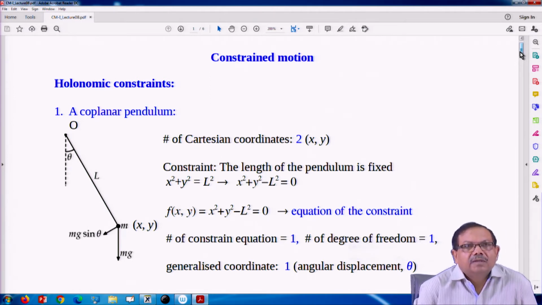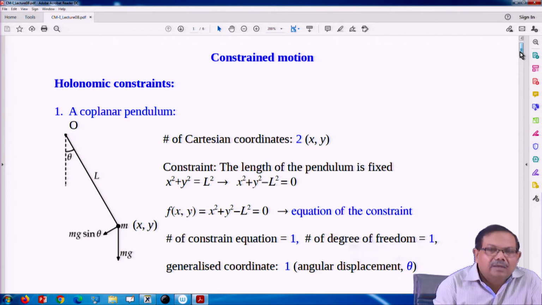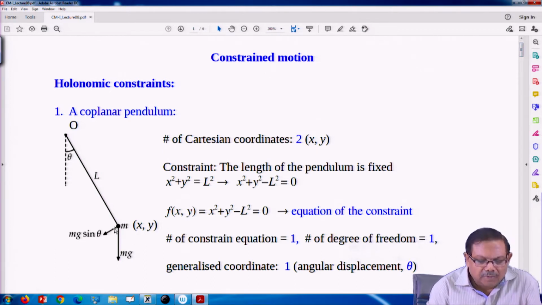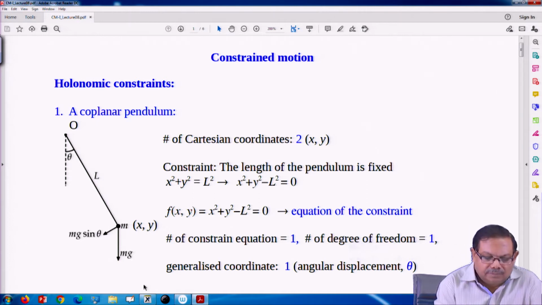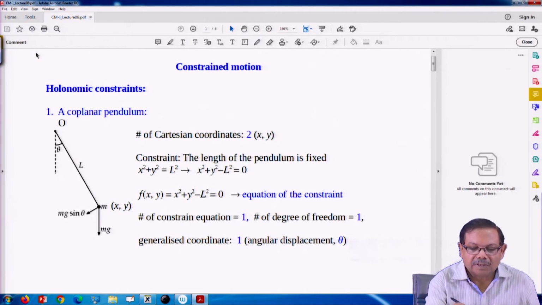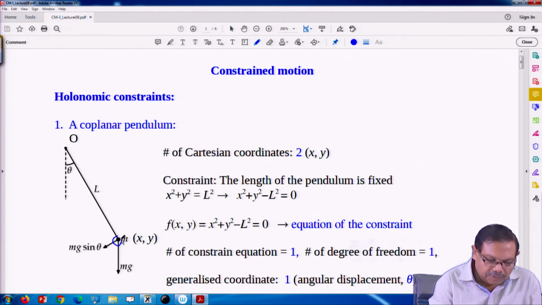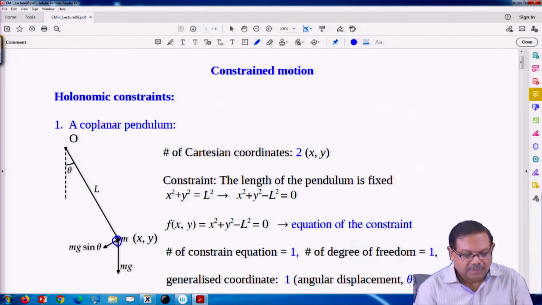So, let us see a coplanar pendulum. A coplanar pendulum has a length L and a bob of mass m.